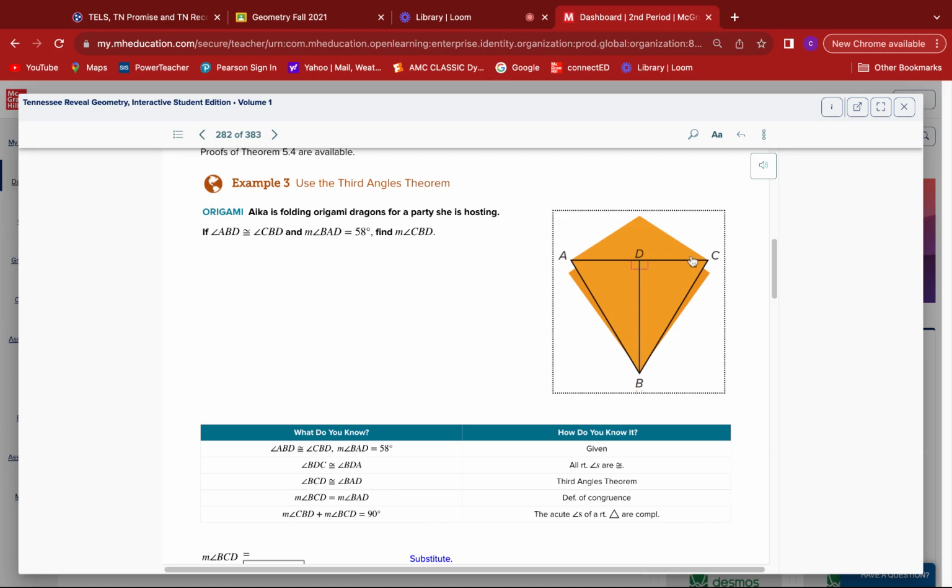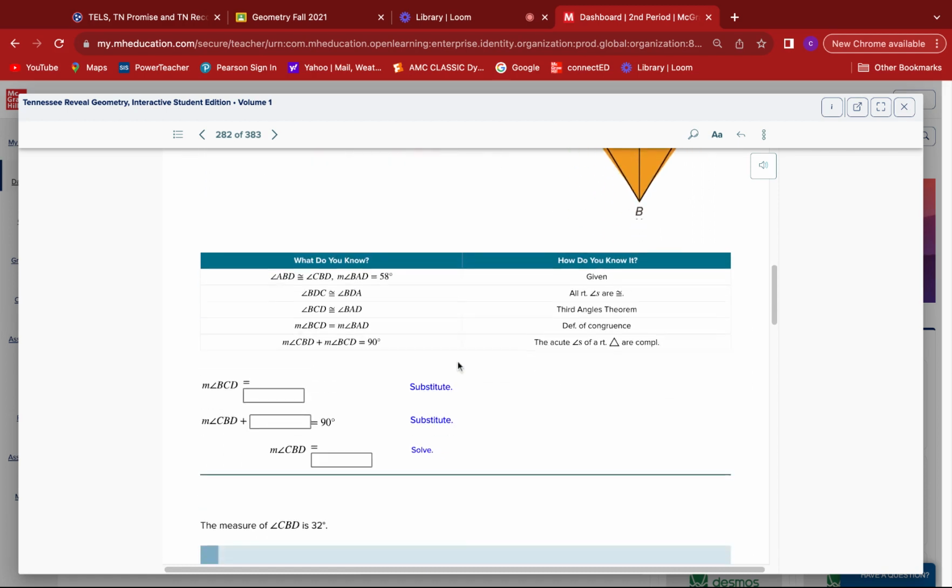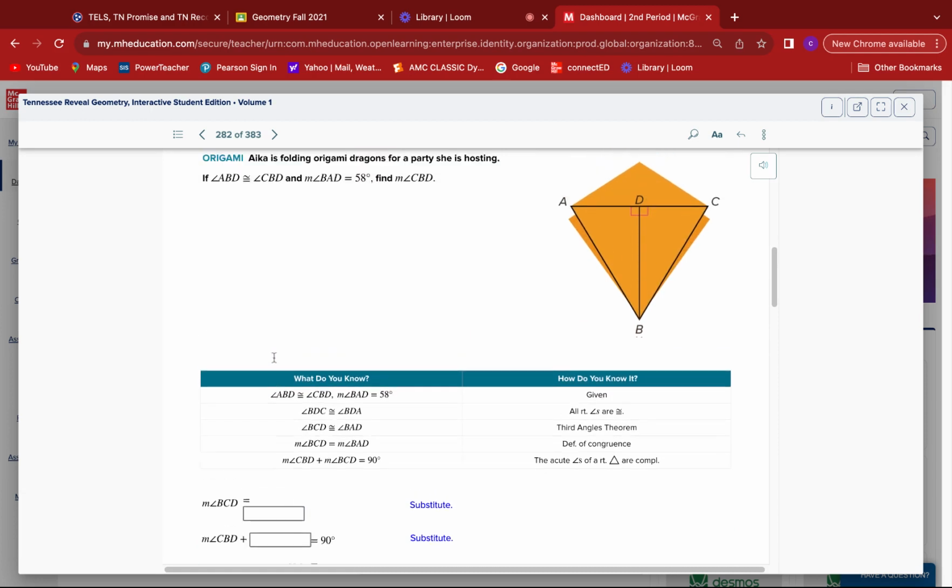We need to find CBD. Okay, well, the 3 angles of a triangle equal 180. So if this angle is 58 and this angle is marked 90 by the box, I'm going to do 180 minus 58 and 90 to get angle B, which will also be the other angle B because they're equal to each other.